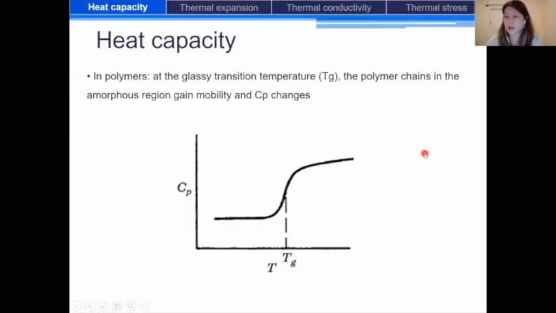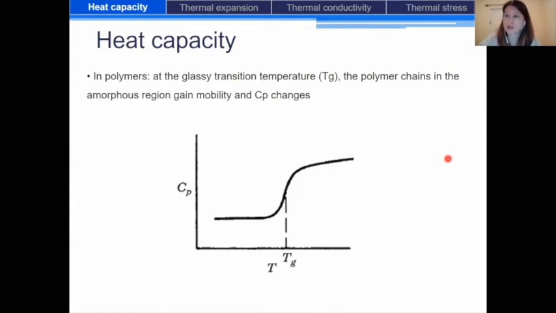Let's have a quick talk about polymers. When we talked about polymeric materials, we described the different characteristic transition temperatures for these materials, and we introduced a glass transition temperature, TG.